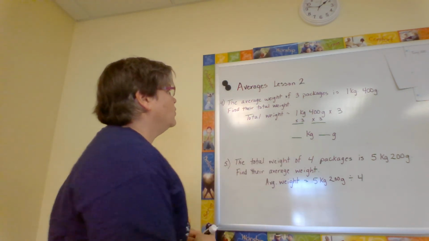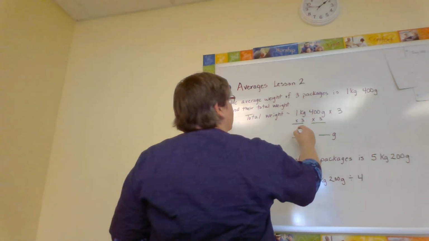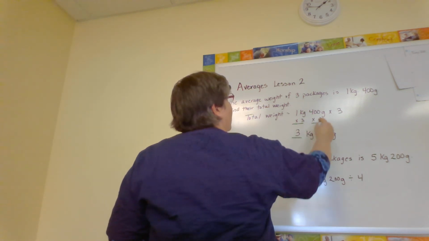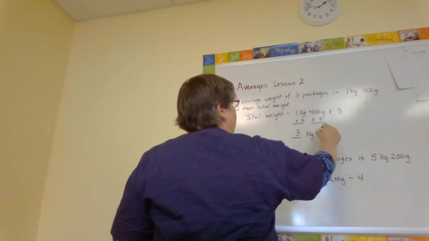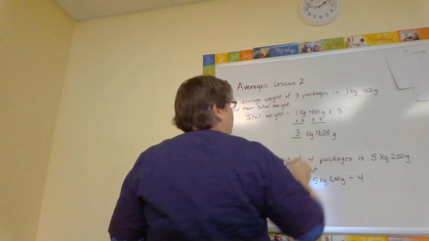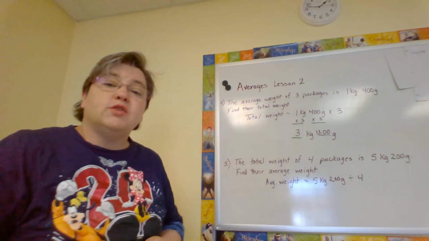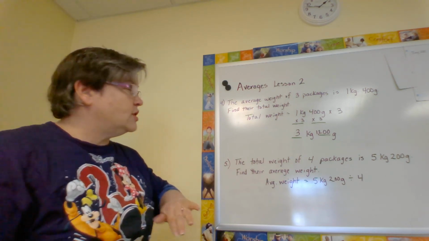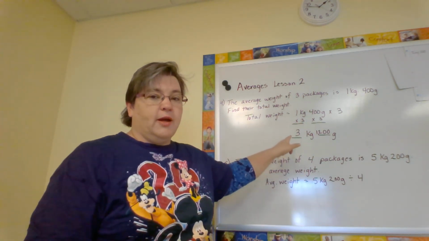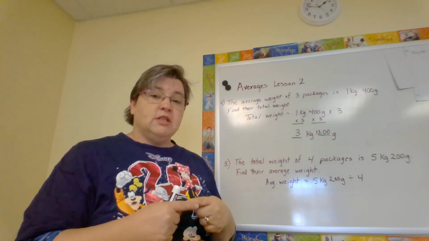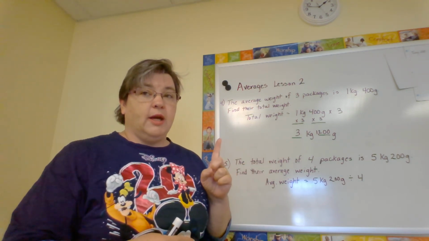So let's do that. 1 times 3 is 3 kilograms. And then 400 times 3 is 1,200 grams. Here's the issue. I now have enough grams to make another kilogram. Remember, there are 1,000 grams in 1 kilogram.